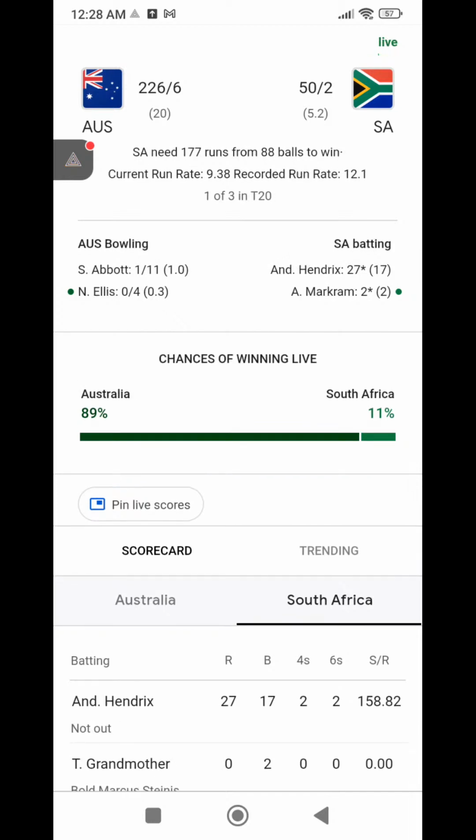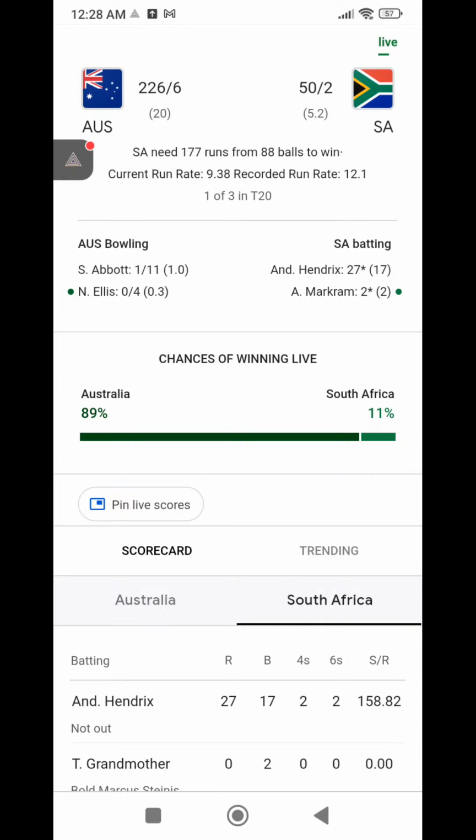So 226 for the loss of 6 wickets. That's the total of Australia in their stipulated 20 overs. And South Africa 50 for the loss of 2 wickets in 5.2 overs.